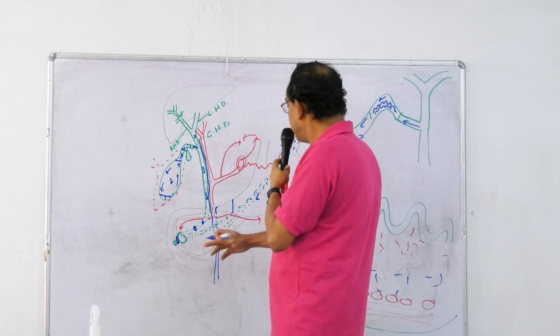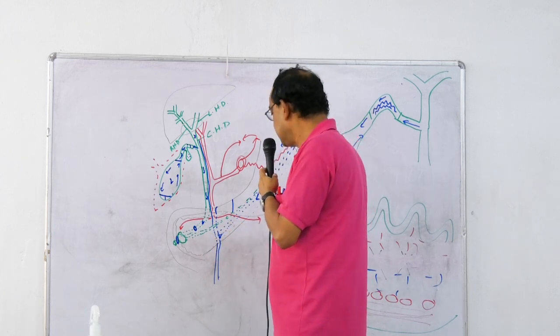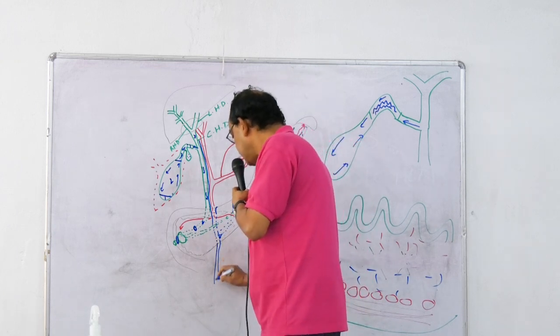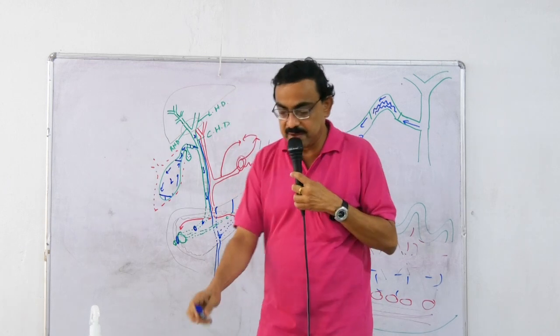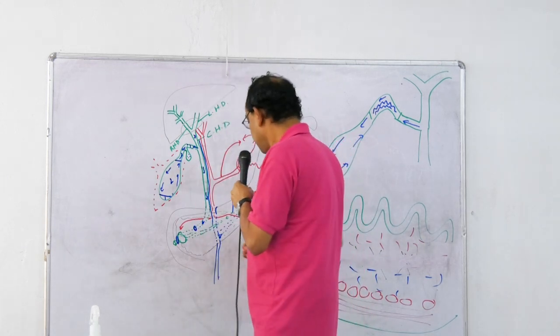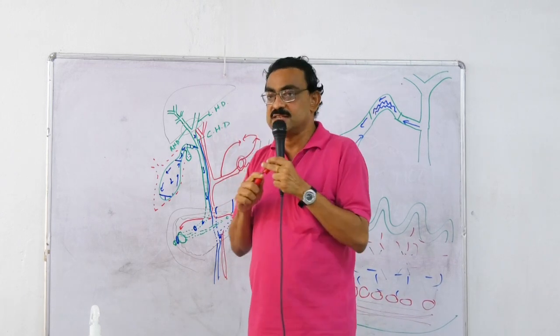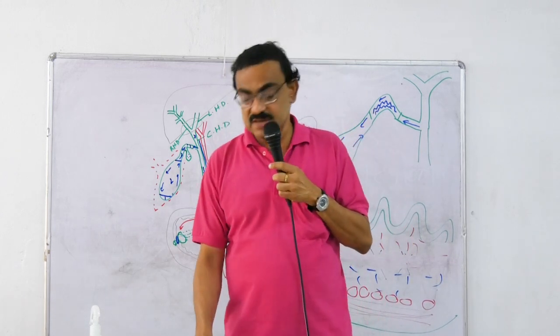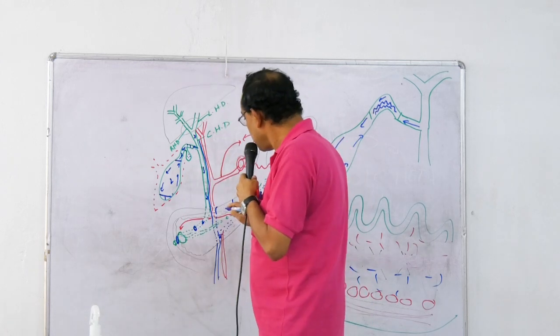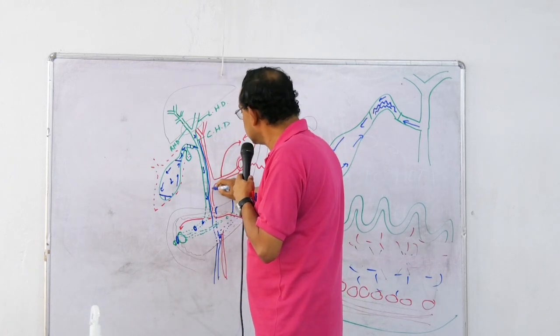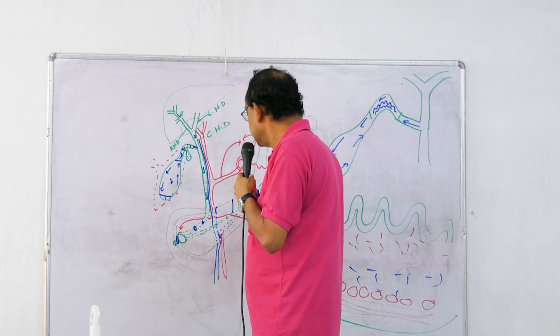Coming from here, this is the splenic vein, and coming from here, this is the superior mesenteric vein. On its left side, the superior mesenteric artery.